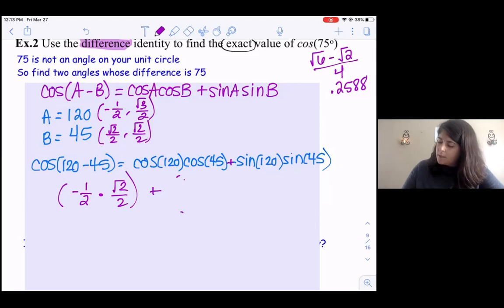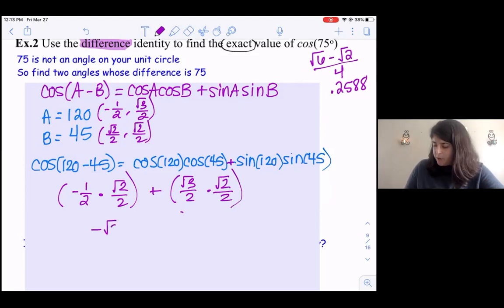The sine at 120 is root 3 over 2, and the sine at 45 is root 2 over 2. When I multiply these, I get negative root 2 over 4 plus square root of 6 over 4.